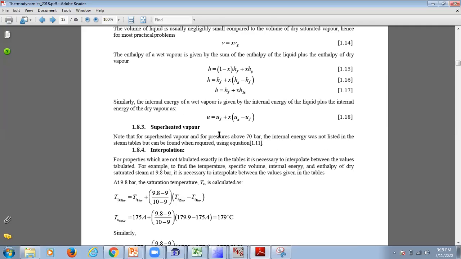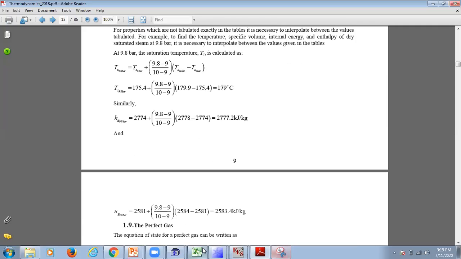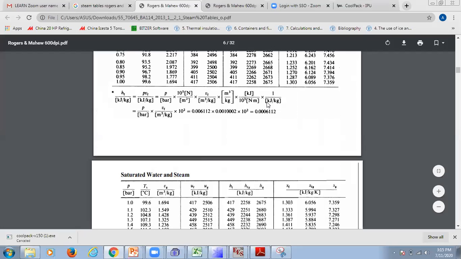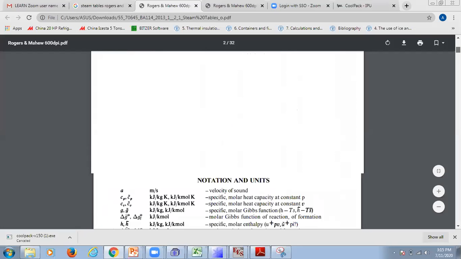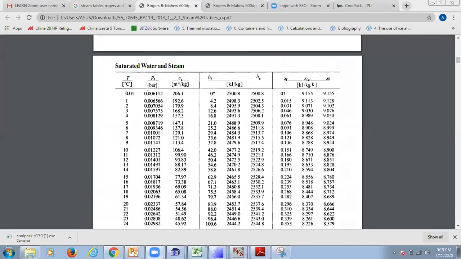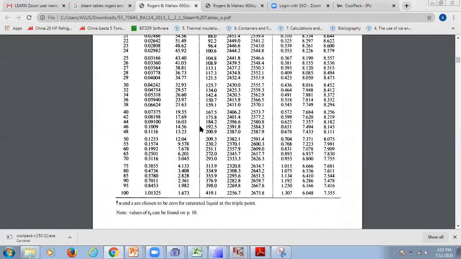And now I'm going to explain a little bit of the experimental background of getting that property table. Here you can see this table.